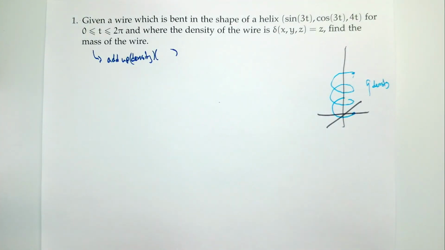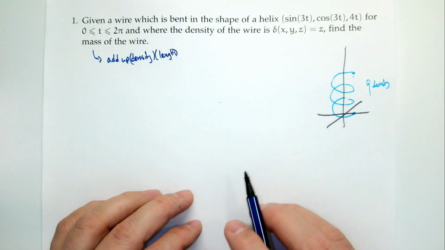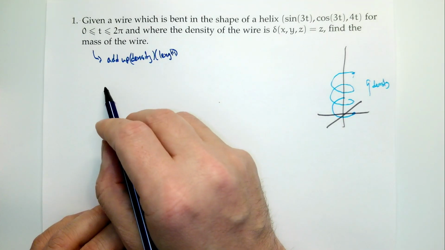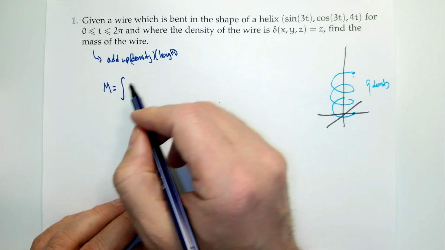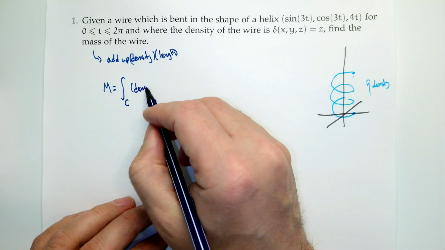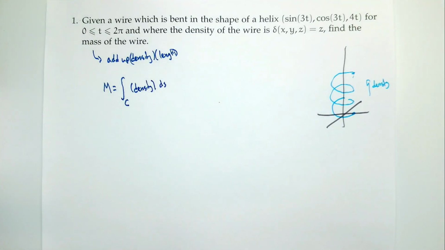Now here it's a one-dimensional thing, so its proper measurement is length. So we can write this in particular as mass is the integral along our curve of our density and ds. And ds is a shorthand for little piece of length.